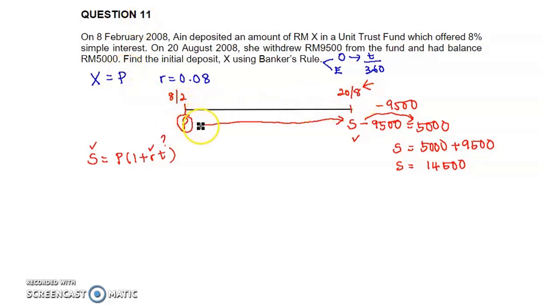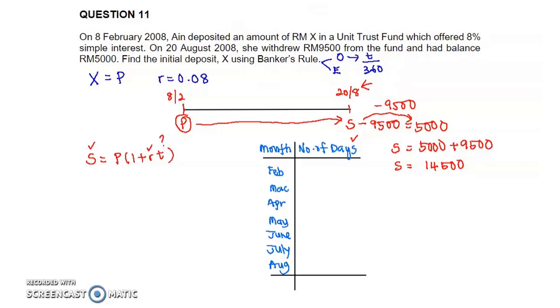So first we need to find number of days from 8th February until 20th August. And question asks us to use Banker's rule, which we need to use exact time. Now let's calculate number of days from 8th February until 20th August.